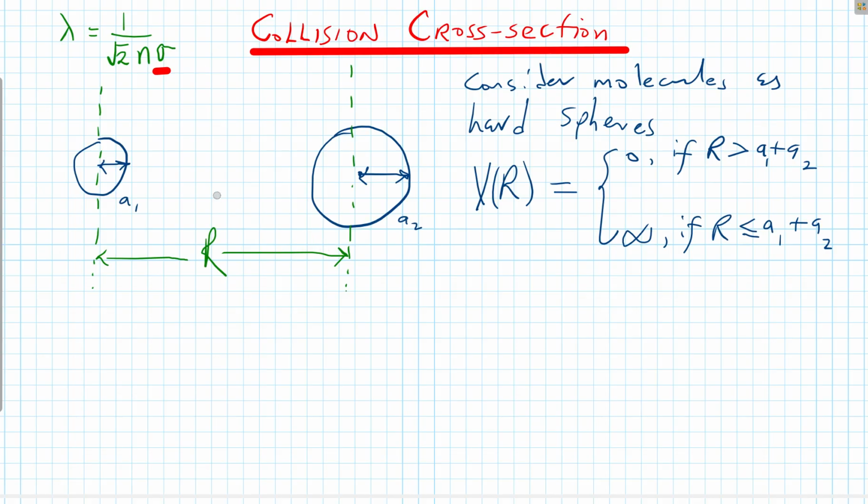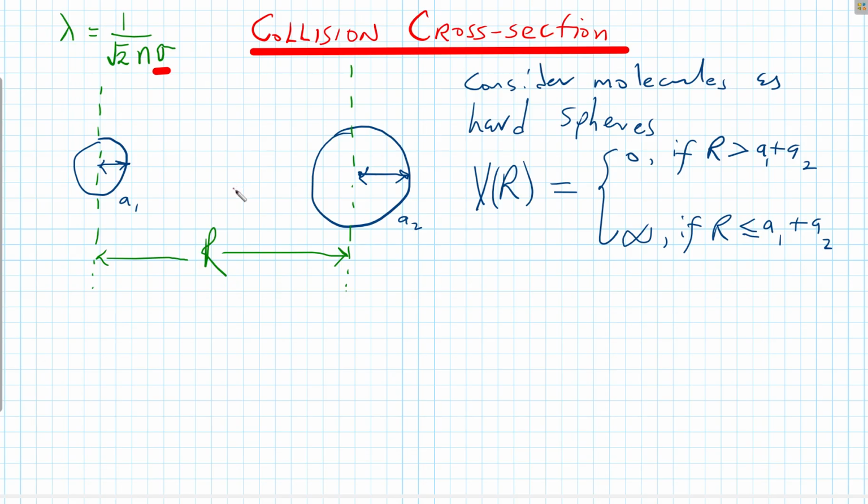Because you consider when one can reduce R as it is shown in this picture. Remember, R is the separation between the center of molecule A1 to the center of molecule A2, and we can reduce R to the minimal possible value.